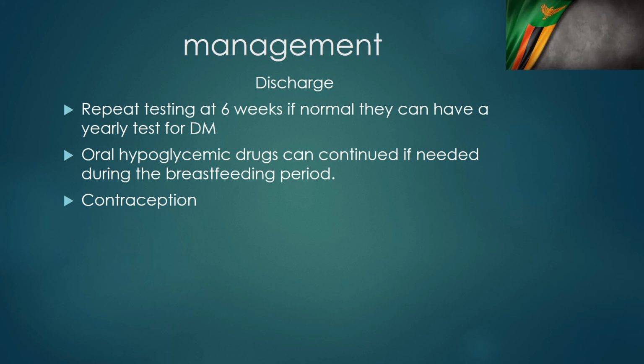We need to remember that these patients are usually taken care of in a high dependence unit. Once their sugar is controlled and their baby is okay, after 24 hours they go to the postnatal ward. In the postnatal ward, they will usually stay another day before they get to be discharged.